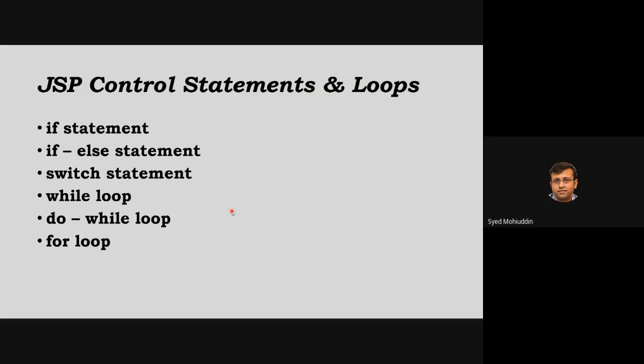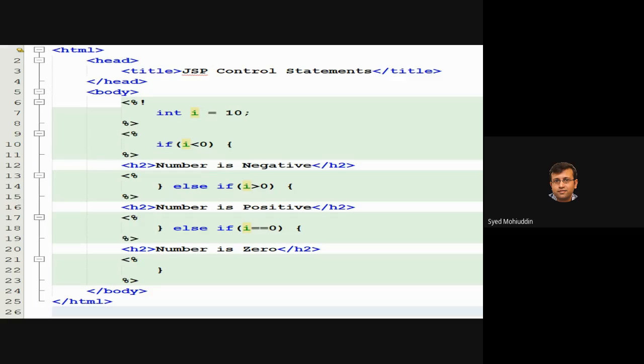So you have to write about if statement, if else statement, switch, do while, as well as for loop. Now let us move further and look at a sample program to know how the if condition works.